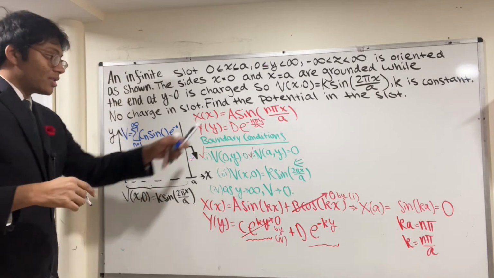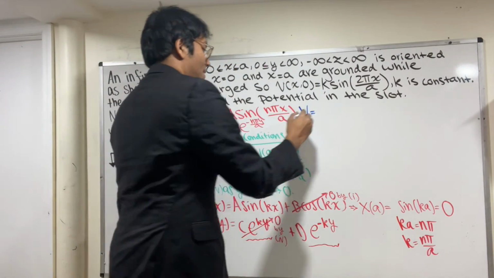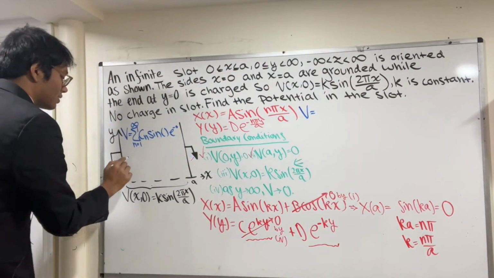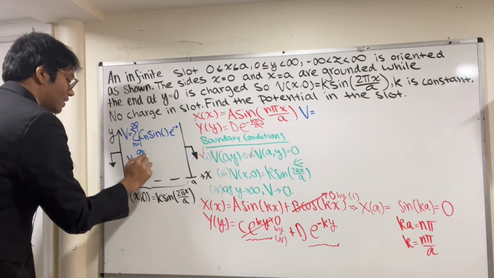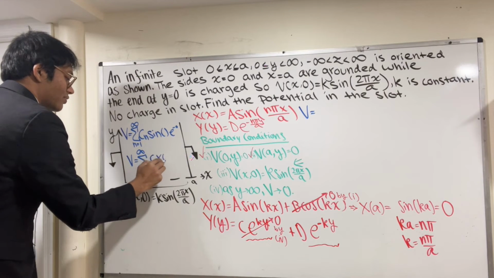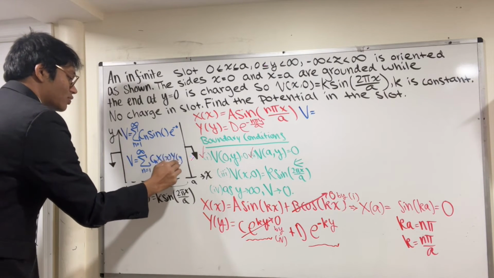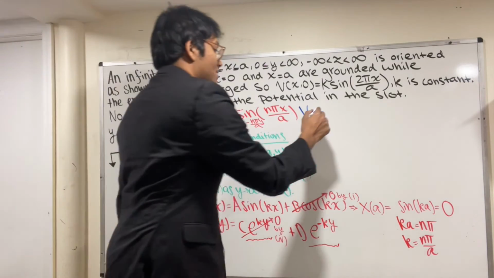In fact, why don't I write it out in full over here? The electric potential function is going to be, in general, the sum from n equals 1 to infinity of your expansion coefficient c sub n, which you have to figure out, times X of x times Y of y. Now we know what X of x and Y of y are, so we can just plug them in.